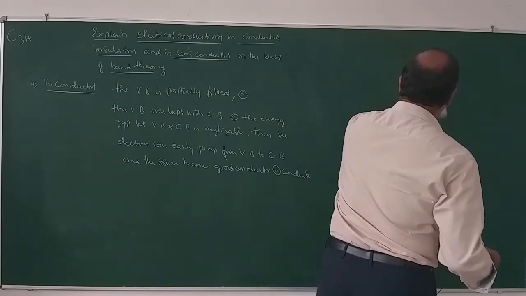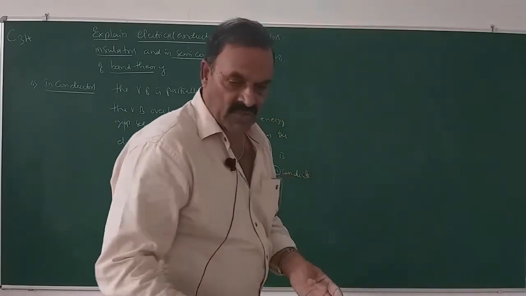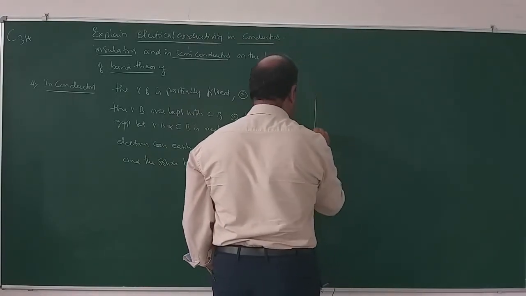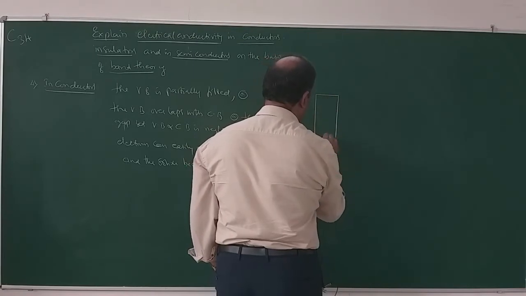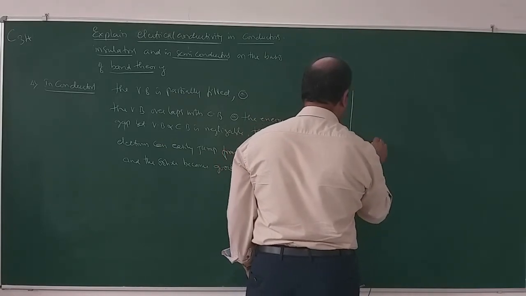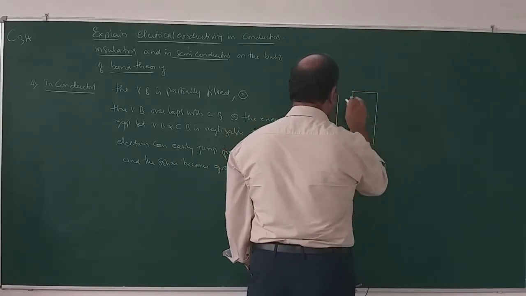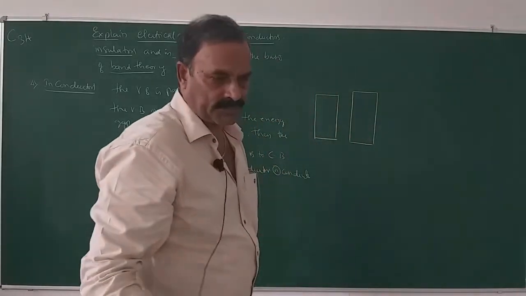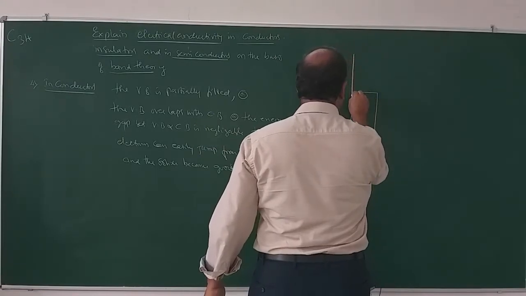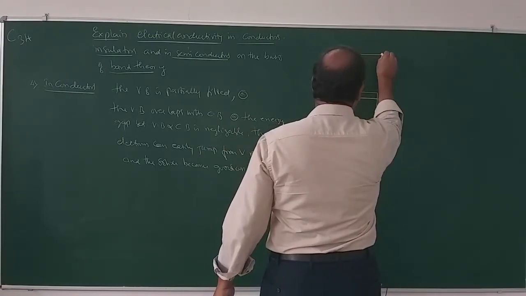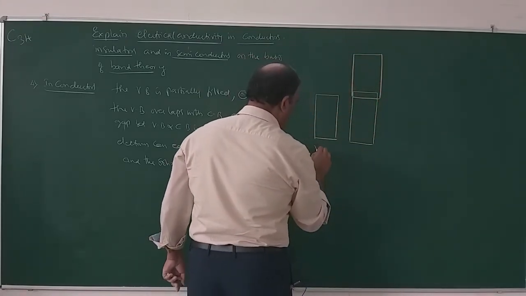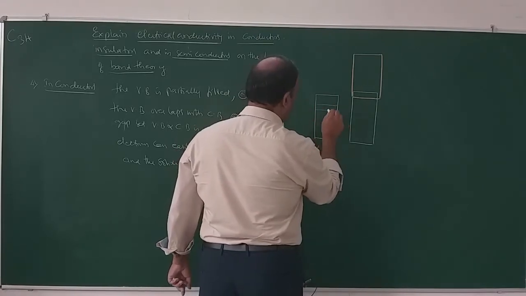So I will draw the figures for these conductors. So this is valence band. Here it is partially filled.